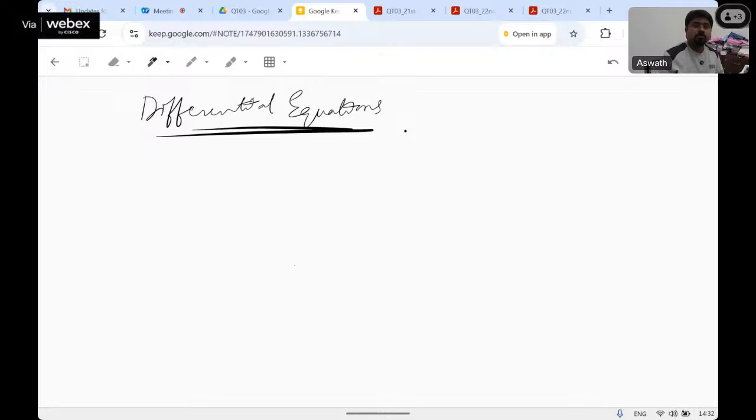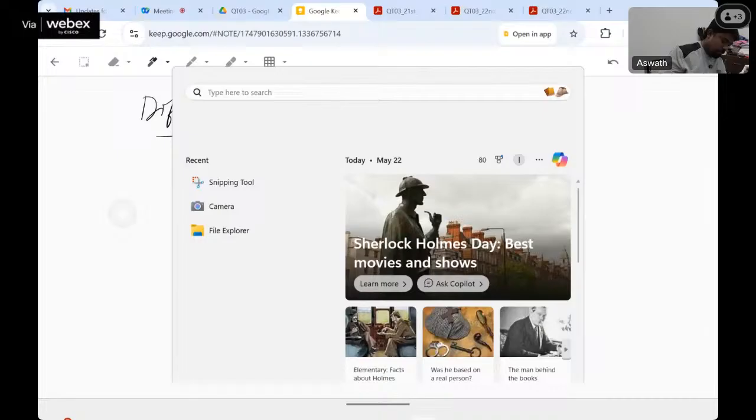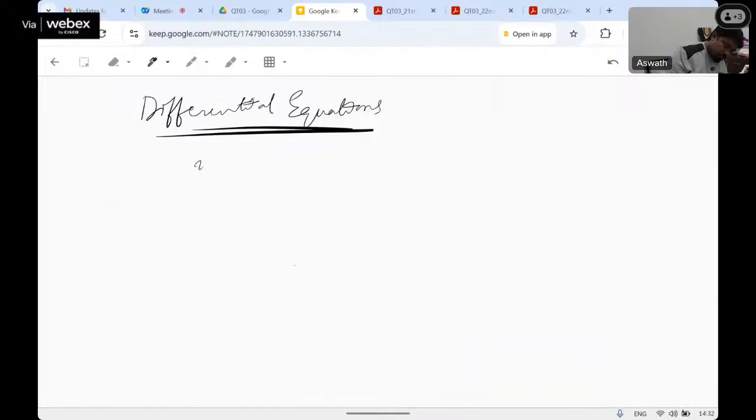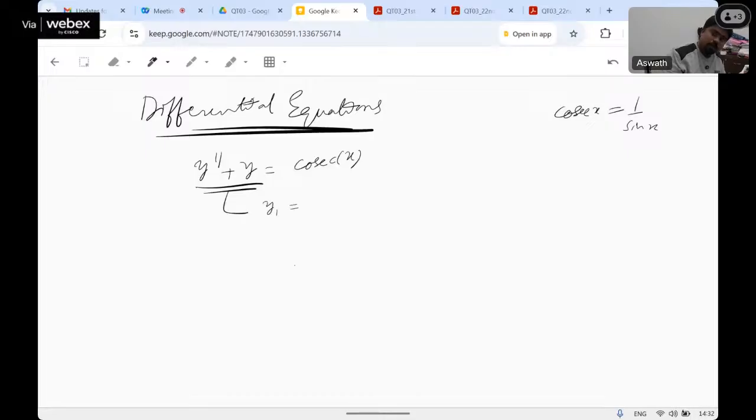The differential equation I am going to have is y'' plus y is equal to cosec x. Cosec is 1 by sin x. Now if you just take the homogeneous part, it can have solutions y1 equal to sin x and y2 equal to cos x. Two solutions are possible.